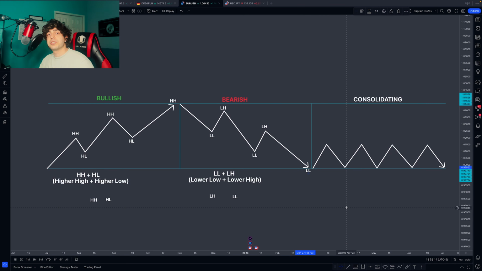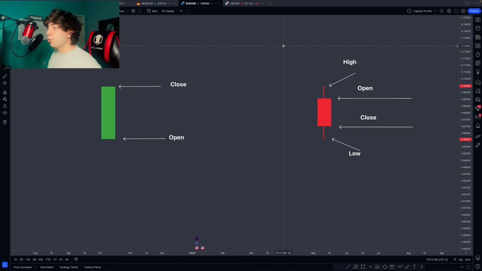Now that we have an understanding of the three different types of market trends that can occur, let's go over what a candlestick is. Candlesticks are going to be your way of reading the data that the market presents. So a candlestick has a high, a low, an open, and a close. These are the four parts that make up a candlestick.